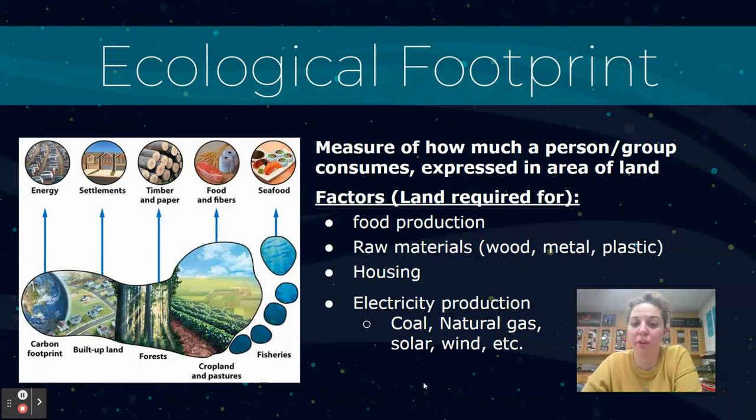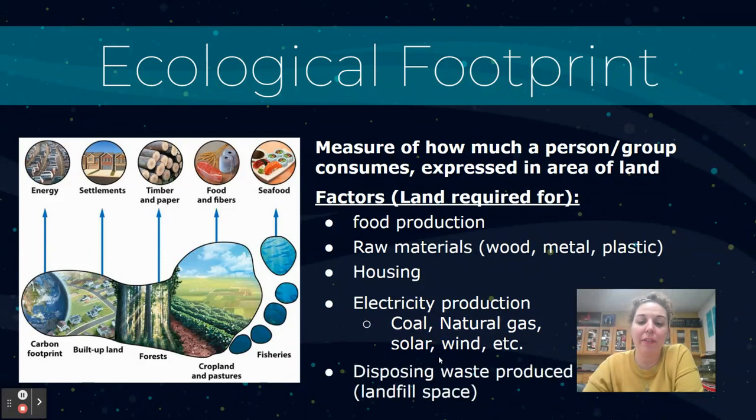So even if you are using renewable electricity production or energy sources, you're still going to have to account for the raw materials that go into those. And then we also have to make sure we account for our landfill space for whatever amount of waste we create.